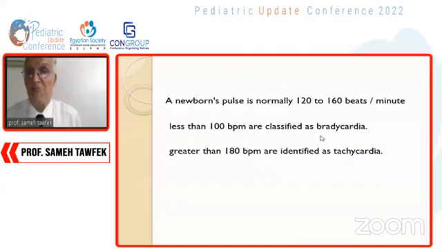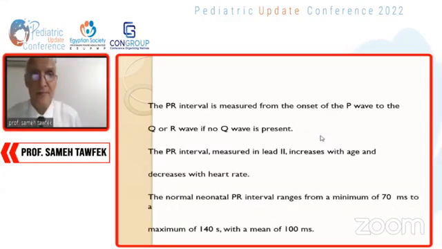Newborn heart rate is normally from 120 to 160 beats per minute. If it is less than 100, it is defined as bradycardia, and if it is greater than 180, it is defined as tachycardia. The PR interval is measured from the onset of the P wave to the Q or R wave.